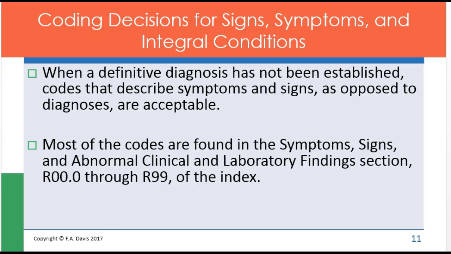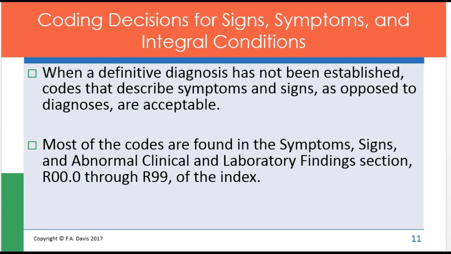Okay, I'm going to pick up here with our guidelines for signs, symptoms, and integral conditions for coding. So signs are things that the doctor can validate, test results, things they can see. Symptoms are what the patient will experience that you maybe can't necessarily see. So you can't see pain.